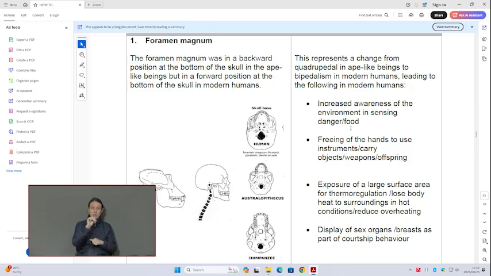So our foramen magnum is at a more forward position, which indicates what? Bipedalism. And bipedalism will allow us to have what? An increased awareness of the environment. Not just awareness, but an increased awareness of the environment.